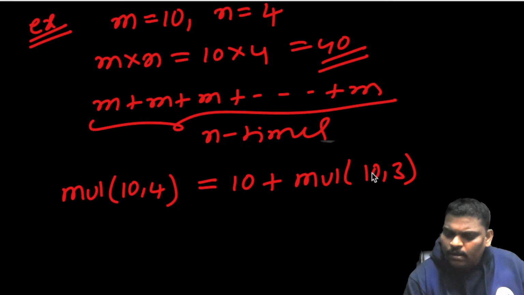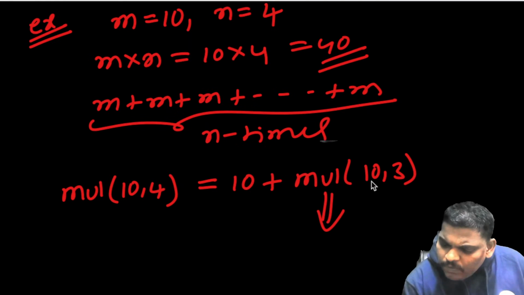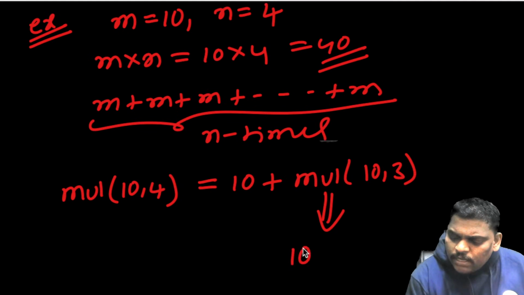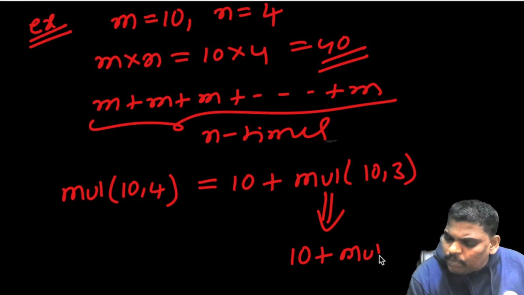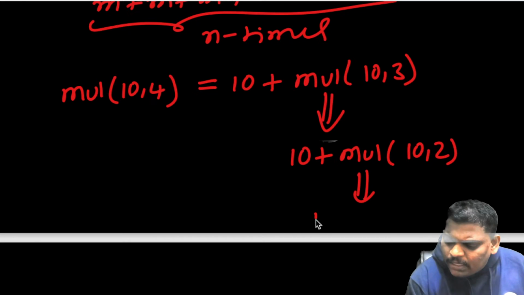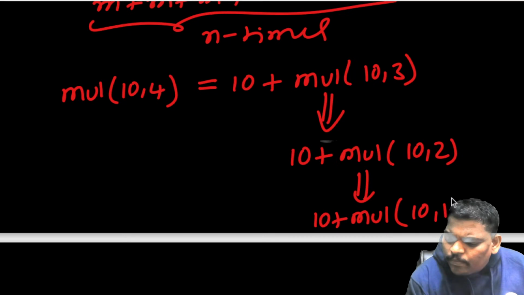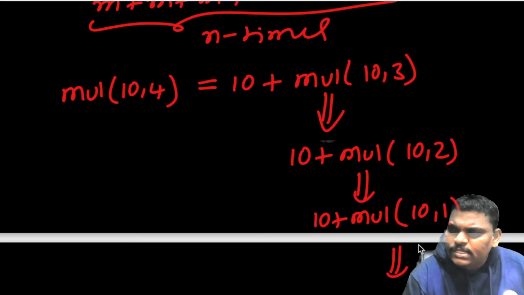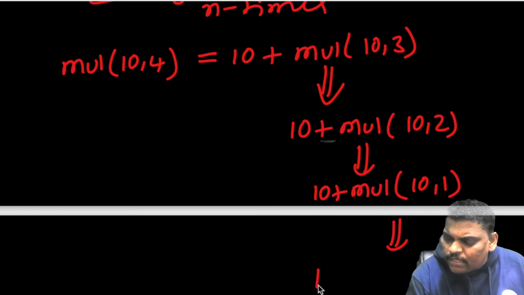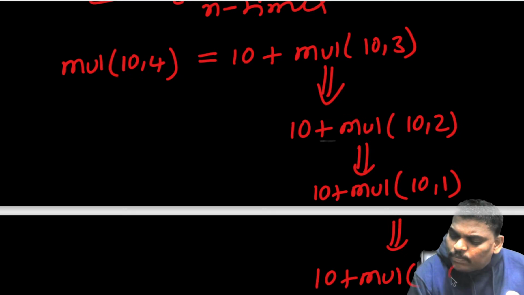Multiplication of 10 comma 3 can be written as 10 plus multiplication of 10 comma 2. That is 10 plus multiplication of 10 comma 1, and again 10 plus multiplication of 10 comma 0.